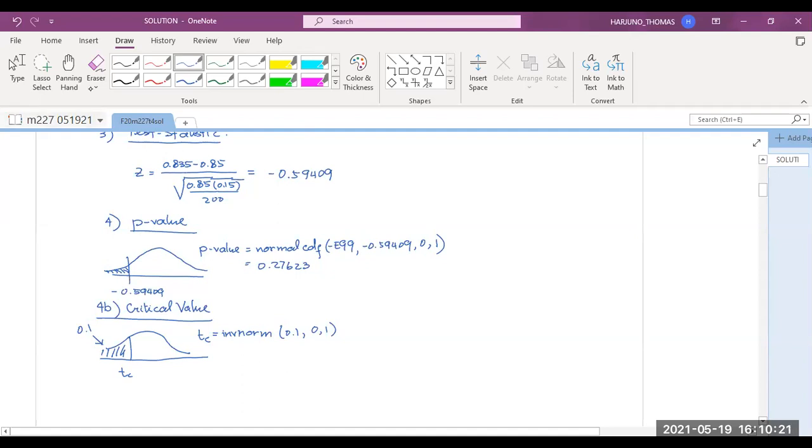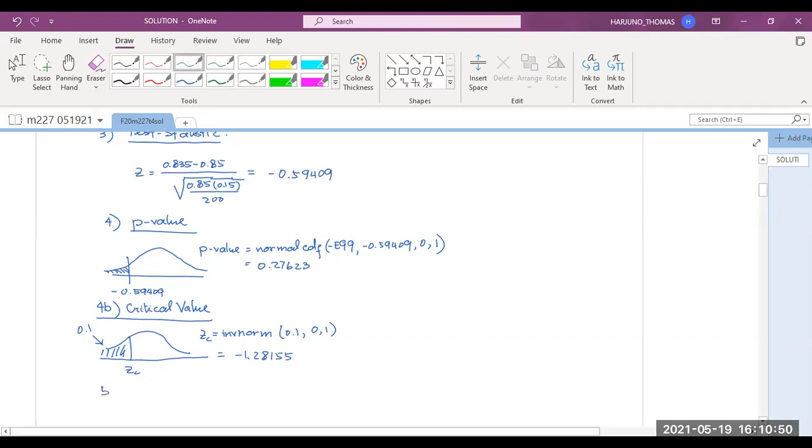I'm sorry, not T critical, it's Z critical. It's Z, not T. So Z critical is negative 1.28155, which is to the left of the test statistic.